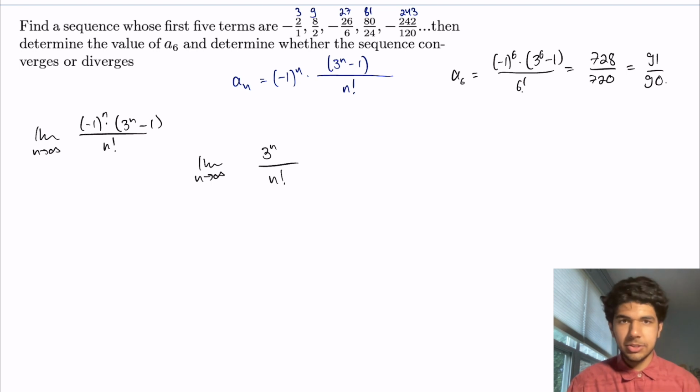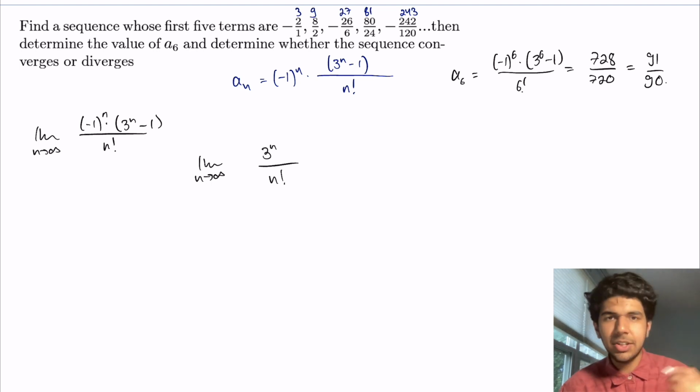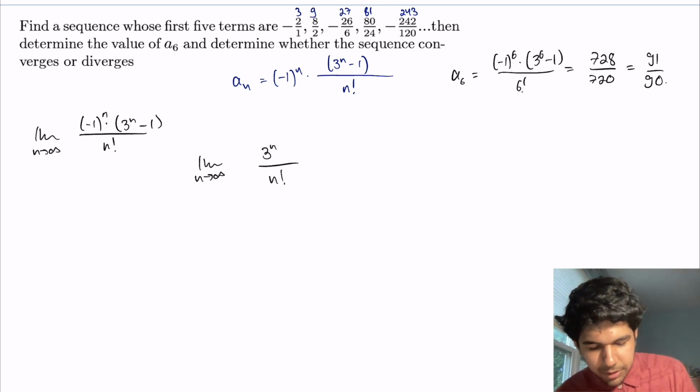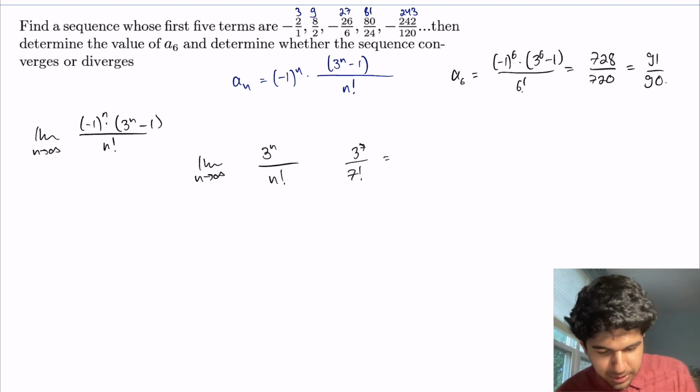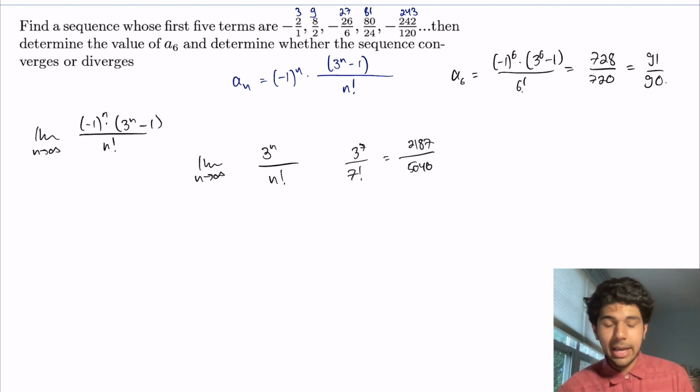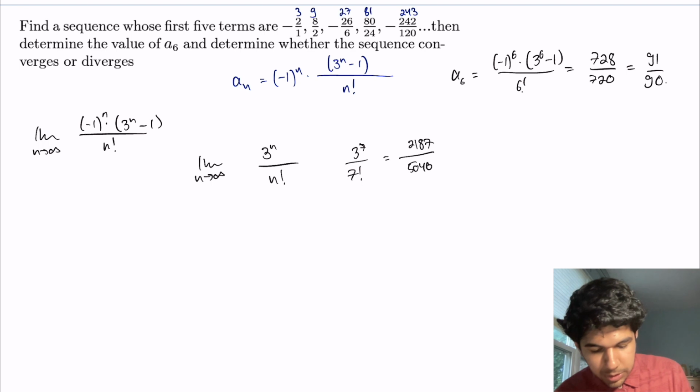Start thinking of values of n and start to compare the two values. So when we consider n equals 7, we have 3 to the 7 over 7 factorial, which is equal to 729 times 3, which is 2187 over 5040. And for the next value of n, it would be 3 to the 8 over 8 factorial.